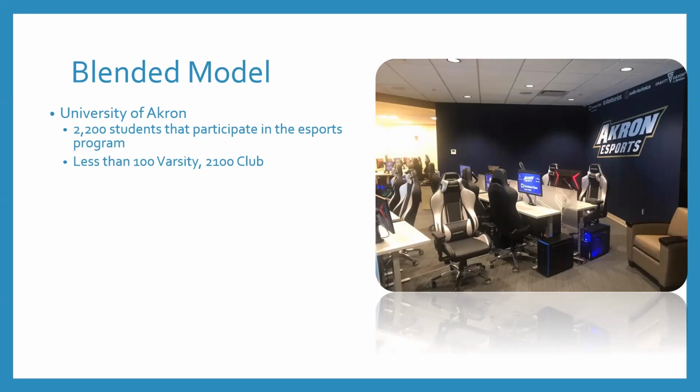It is a massive amount of students. Now, University of Akron has something like 17,000 students, and actually it might be more than that. So there's a very large population of students at UA, and they have 2,200 students that are part of their esports program.